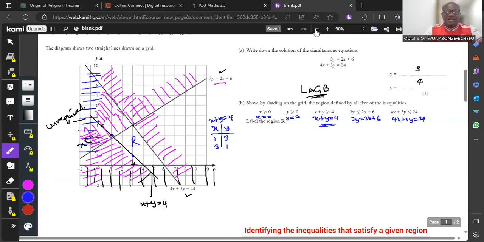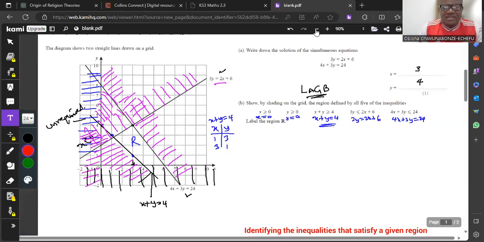All right. Now, it's possible to have a question that might ask you to write down the set of points with integral values of x that satisfy the inequalities.